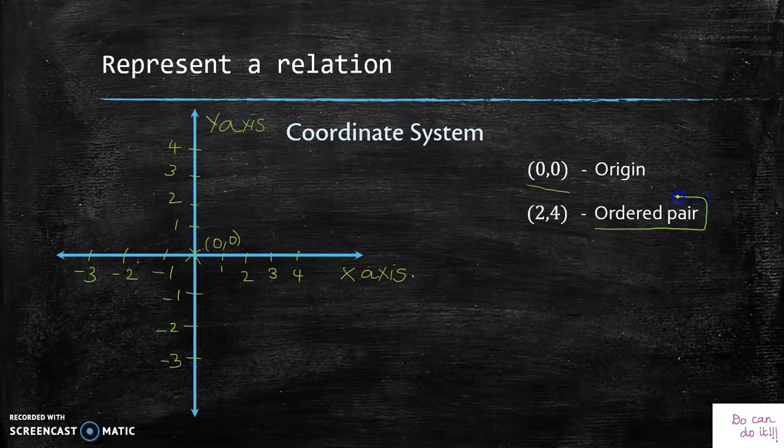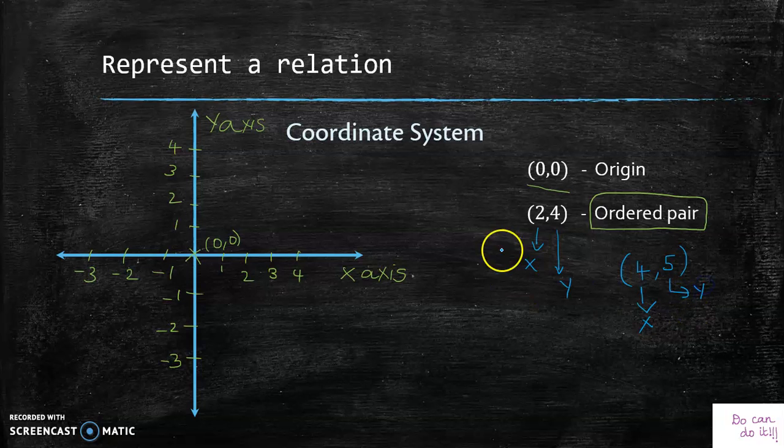A way of representation of numbers, ordered pair. So the first number stands for x-axis and the second number stands for y-axis. When a number is given, for example, if I say 4, 5, the first number represents the x and the second one represents the y.